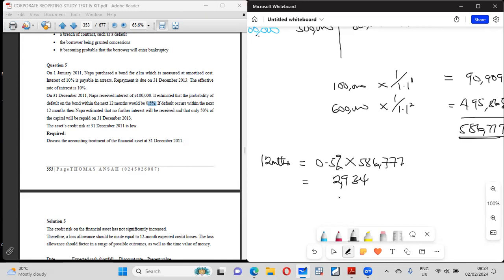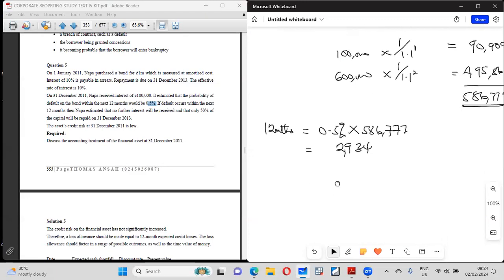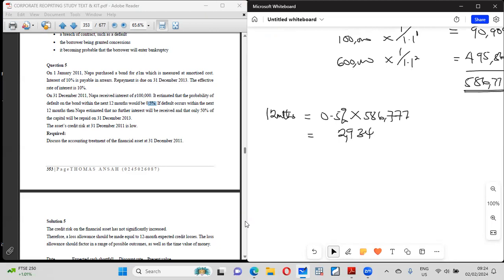Now watch this. If the asset is credit impaired, our interest income will be calculated on the net. If it is not credit impaired, our interest income will be calculated on the gross. Now look at this question. They didn't tell us it is credit impaired. There were no symptoms; they just said that there's a probability.